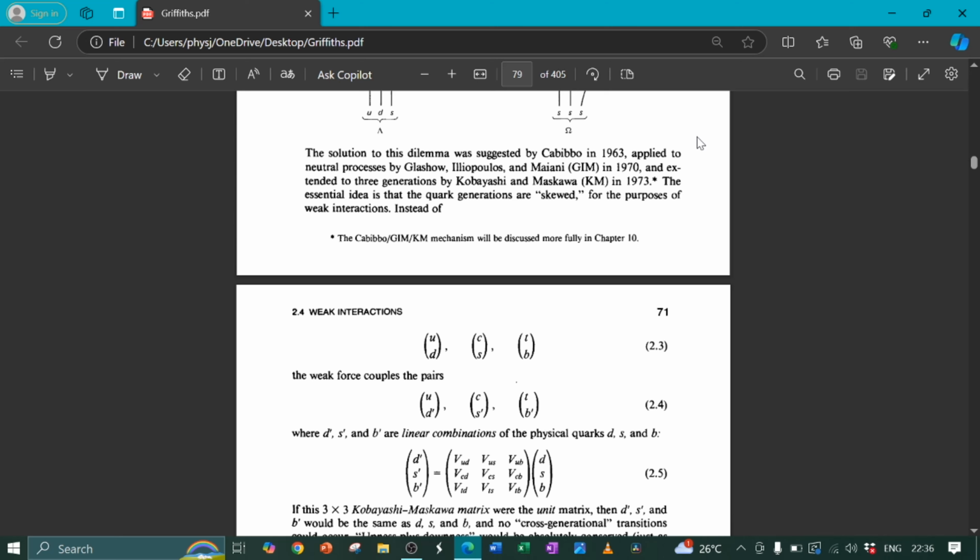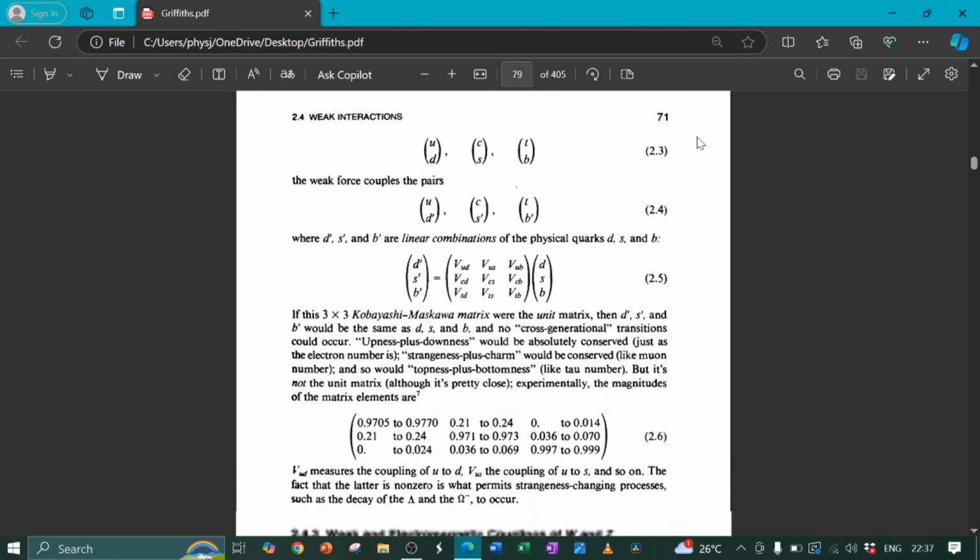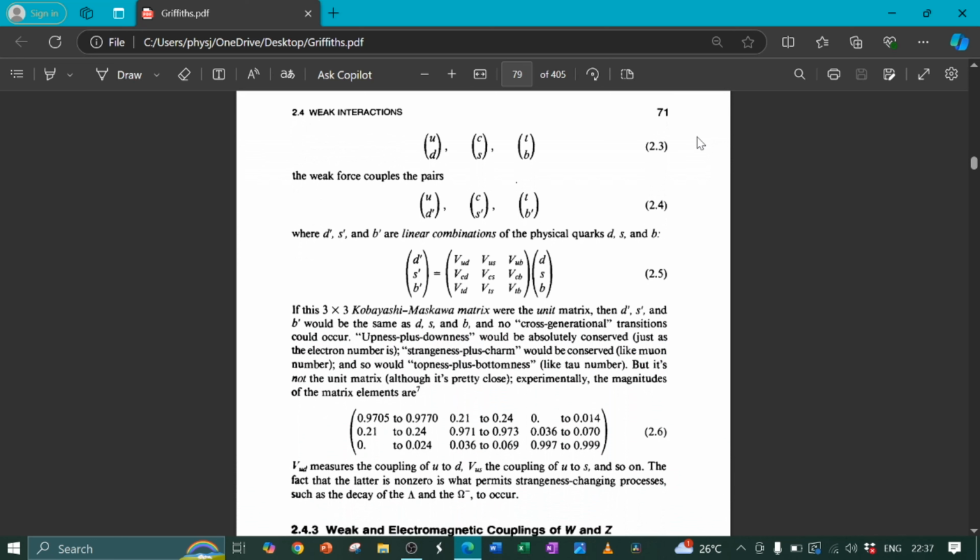The matrix (d', s', b') equals the matrix V_ud, V_us, V_ub, V_cd, V_cs, V_cb, V_td, V_ts, V_tb, multiplied by the matrix (d, s, b). If this 3x3 Kobayashi-Maskawa matrix were the unit matrix, then d', s' and b' would be the same as d, s and b, and no cross-generational transitions could occur.